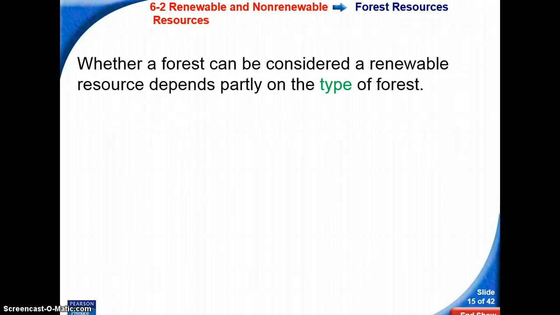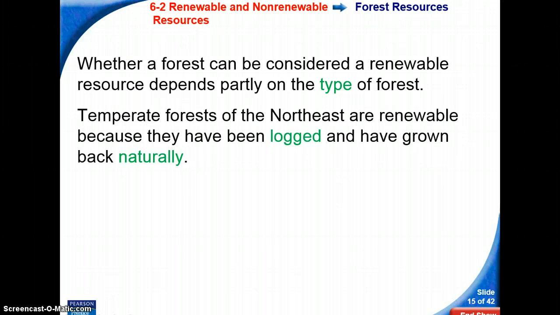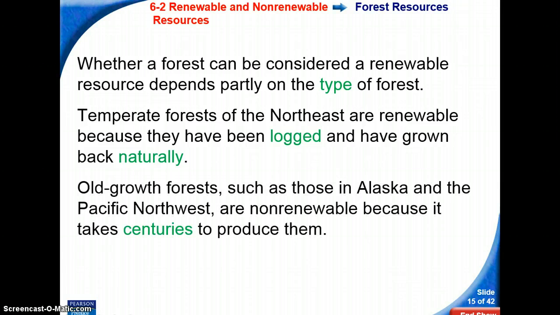Now, as I stated earlier, whether a forest can be considered a renewable resource depends partly on the type of forest. Temperate forests of the Northeast are renewable because they have been logged and have grown back naturally. So we kind of live in that area where, if we have lumber, we cut some forest down, they will grow back naturally. So that's not a big deal. However, there are old growth forests, such as those in Alaska and in the Pacific Northwest.